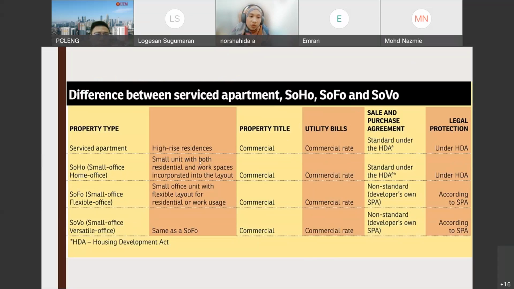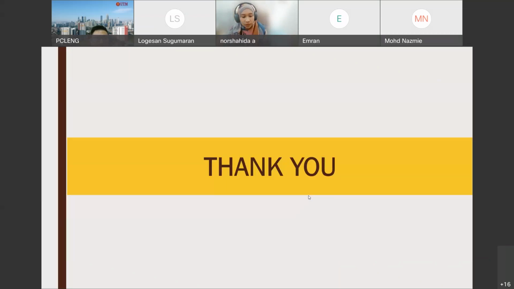Okay, that is small units with both residential and workspace incorporated into the layout. So ni semua dia ada commercial rate, dia governed by HDA, but for the SOHO and SOHO, okay, it is commercial rate but it is not governed by Housing Development Act. Okay, so dia menggunakan in terms of the SPA, developers punya own SPA. Okay, ada apa-apa soalan?